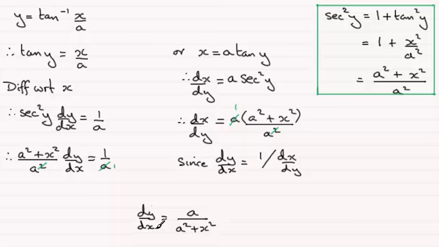And we'll get exactly the same result here if I took this one and just divided both sides by a squared plus x squared and multiplied both sides by a.